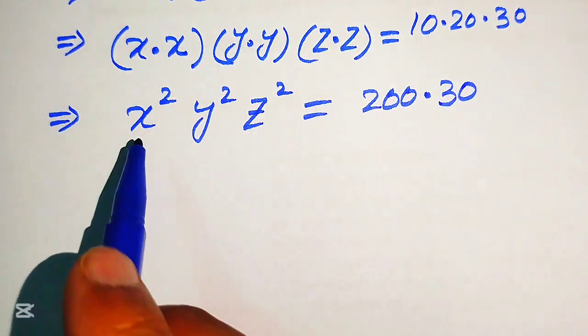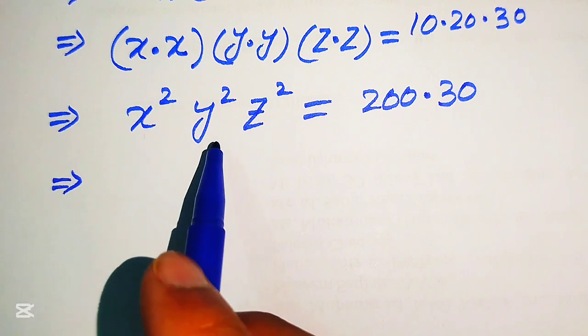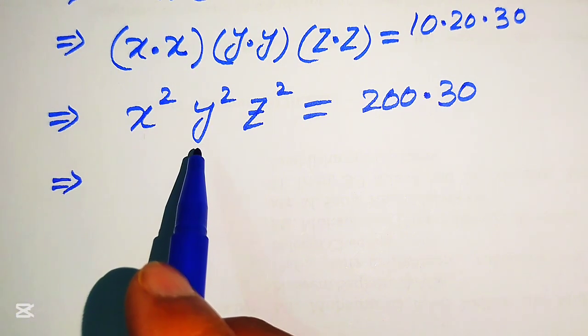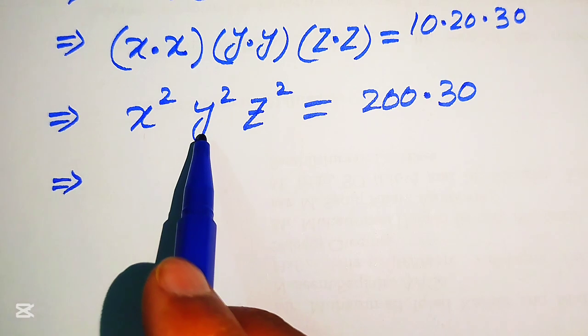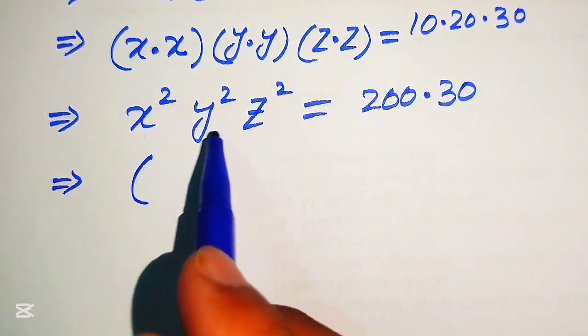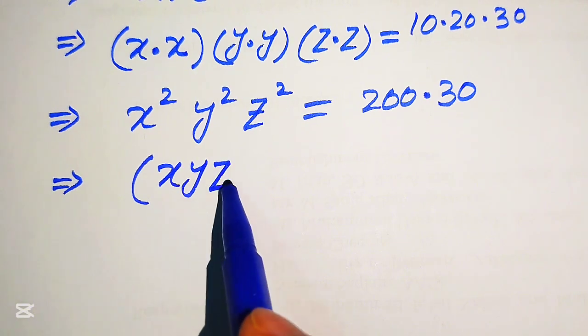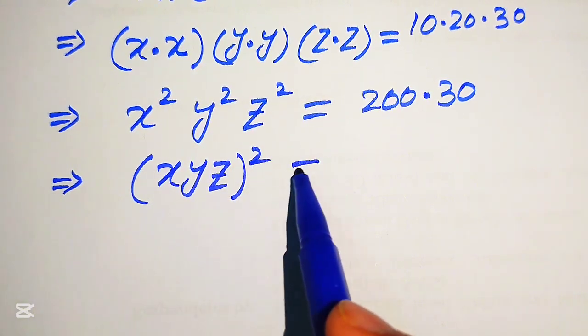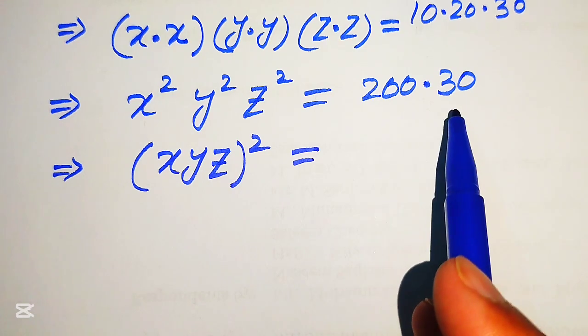Here we can apply the square on these three terms and combine the squares of all of these values. So when you combine the squares, it will be written as xyz whole square equals, here we need to multiply this 400 with 30.